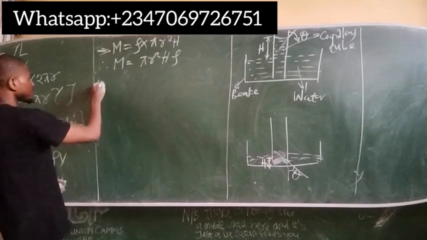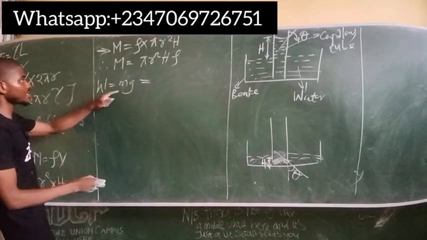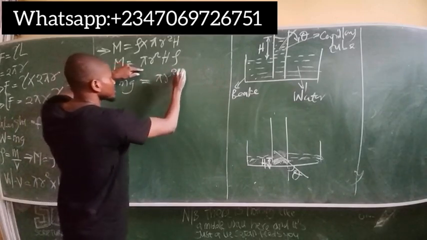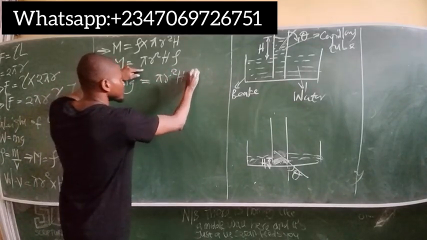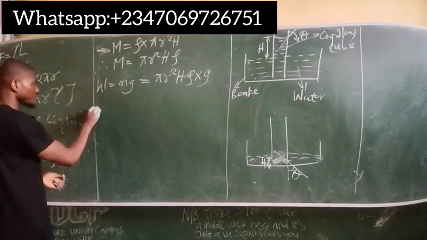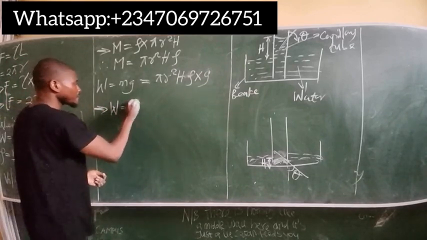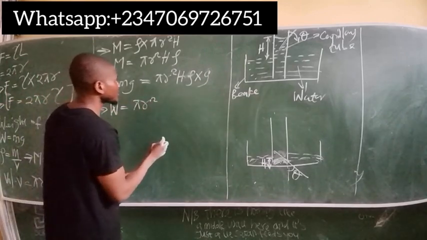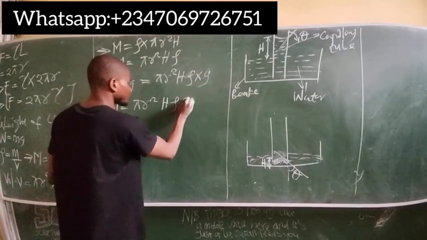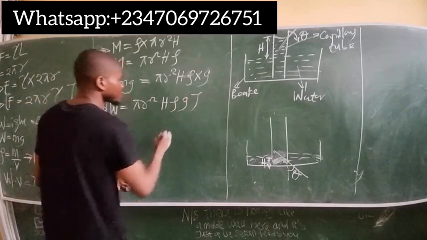Since weight is mass times gravity, the weight of the fluid is simply pi r squared times height times density times gravity.